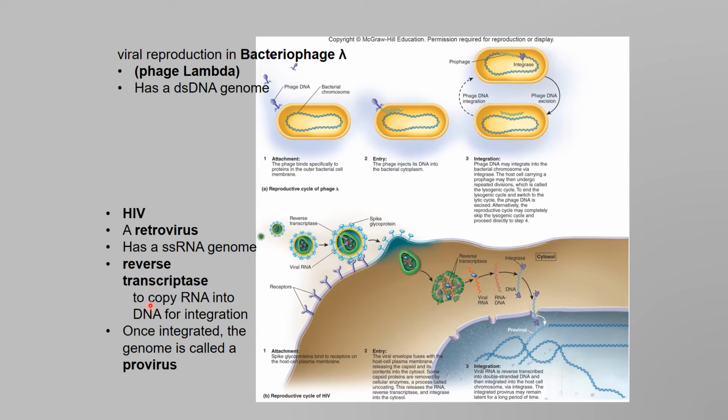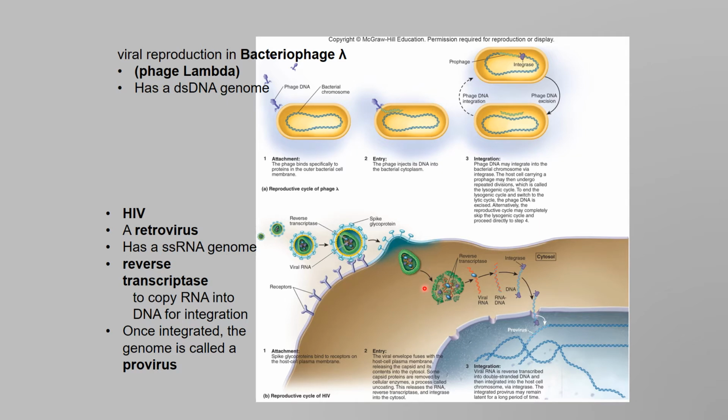But in order to incorporate genetic material into a eukaryotic cell, it has to be made from DNA into RNA. Or excuse me, opposite. It has to be made from RNA into DNA. So the virus is carrying the RNA. It has to make it into DNA. And reverse transcriptase is what does that for us.